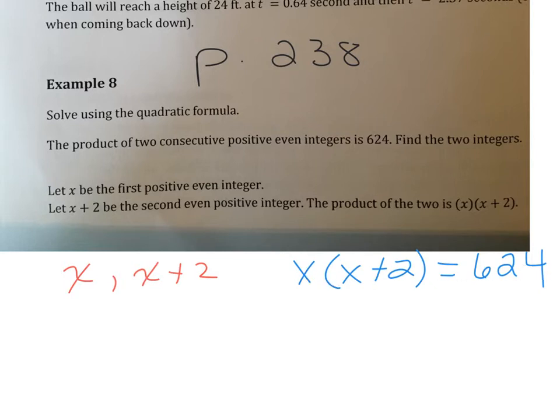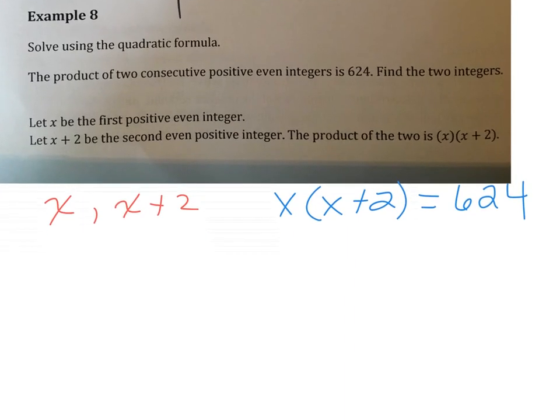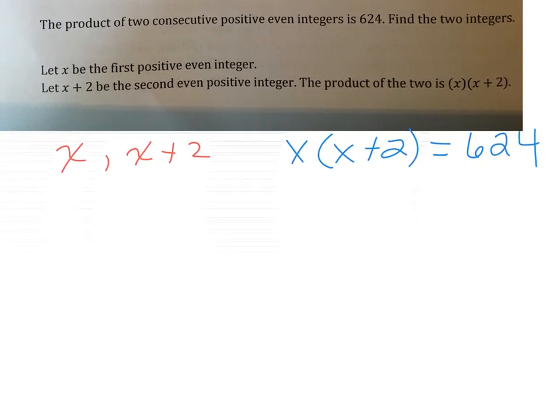And this turns out to be the equation that you're going to try to solve for x. First, we're going to simplify it by distributing this x. So that gives us x squared plus 2x equals 624. And then, of course, we recognize this as a quadratic equation. We're going to solve it using the quadratic formula.